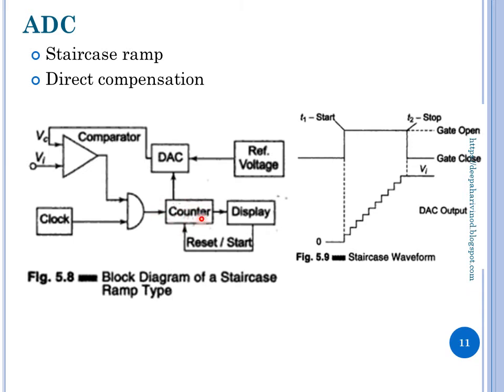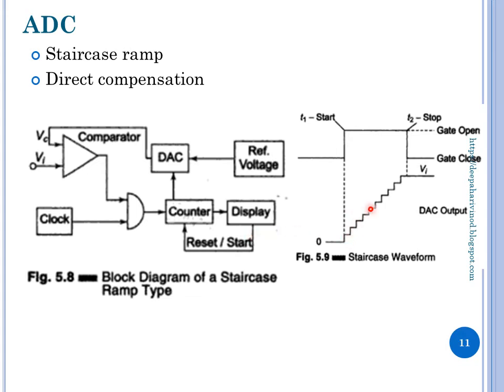So the DAC provides the corresponding output voltage increasing by each step at each count. The result is a staircase applied to the second input of the comparator.